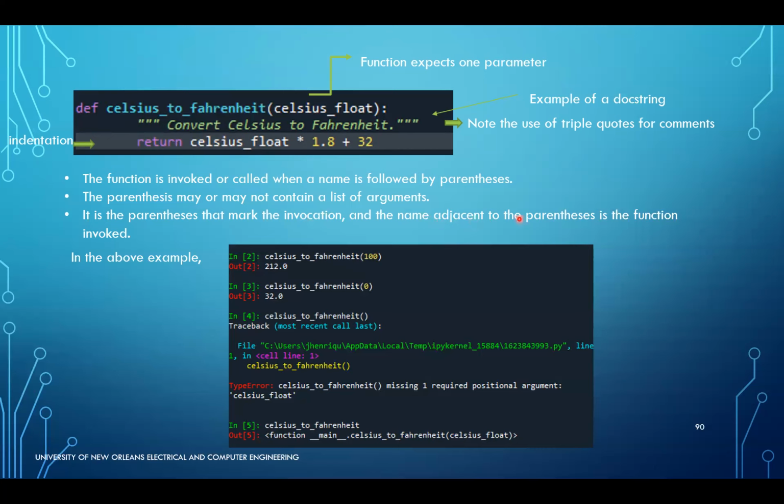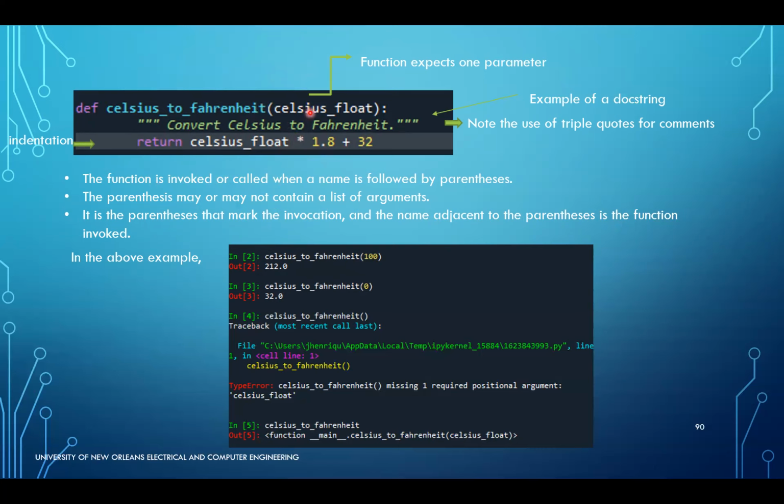And the name adjacent to the parentheses is the function that is being invoked, in this case, celsius_2_fahrenheit. So if we follow that logic using this information, you can see here that we have defined the function, right?